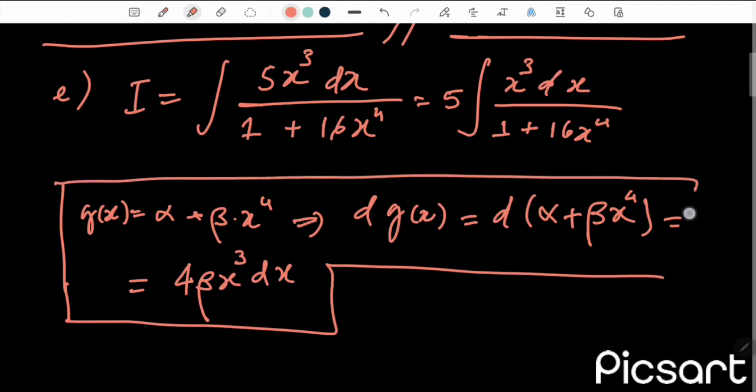This means that we have this x to the power 3 dx, which is the same thing that we have in our numerator.